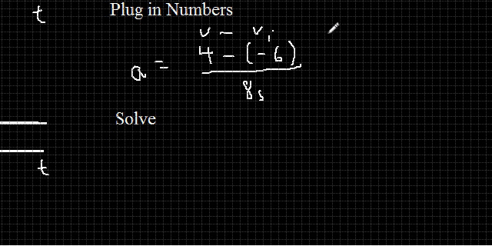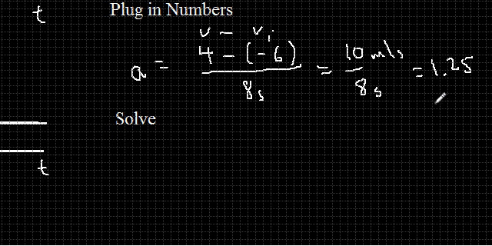So over here, 4 minus a -6 is actually 10. 10 over 8, this is meters per second, this is seconds. This comes out to, what is that? 5/4, 1.25. Now watch the units, meters per second per second. You actually have 2 seconds, 2 sets of seconds there to keep track of.